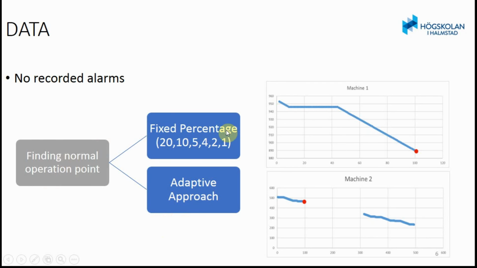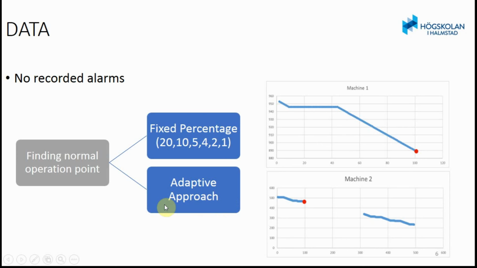We chose two approaches. The first approach is fixed percentage. We used 20, 10, 5, 4, 2, 1 percent of the data for finding the training period. But we saw that we had alarms in the training period, so we chose another approach, the adaptive approach.